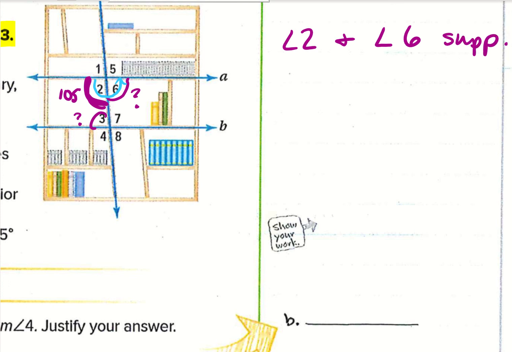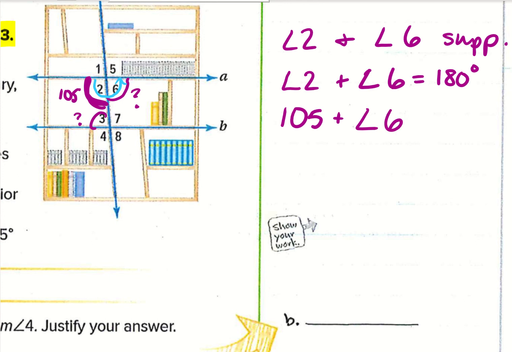That means angle 2 plus angle 6 equals 180 degrees. For angle 2 we can substitute 105 in. So we have 105 plus angle 6 equals 180 degrees. Now we just need to get angle 6 by itself, so subtract 105 from both sides.